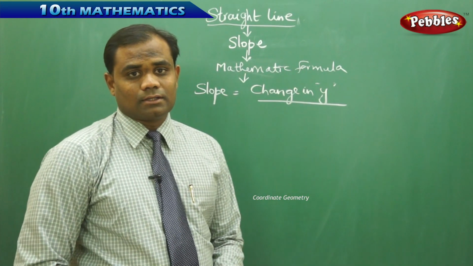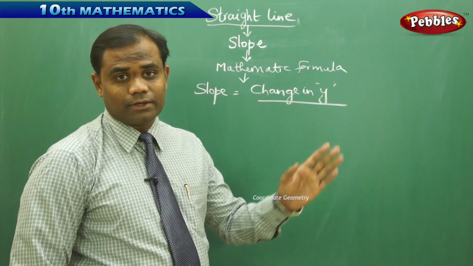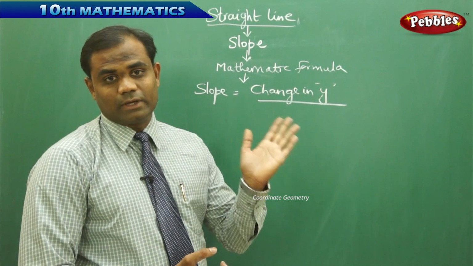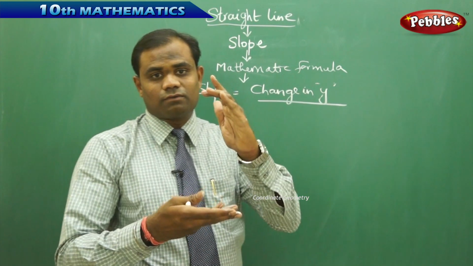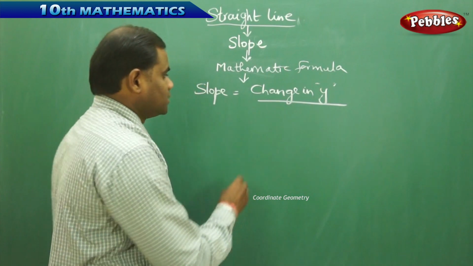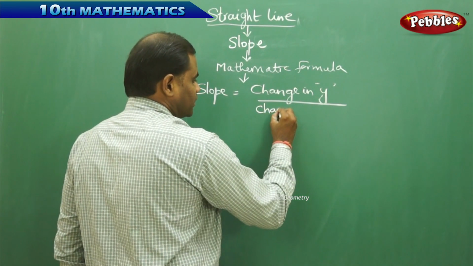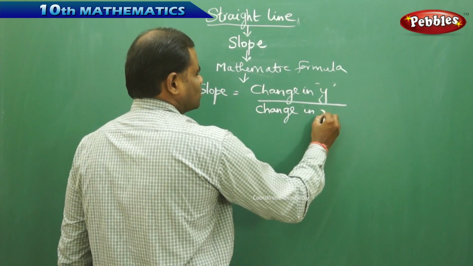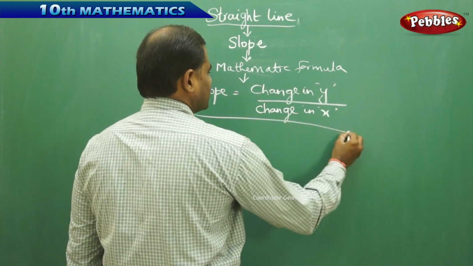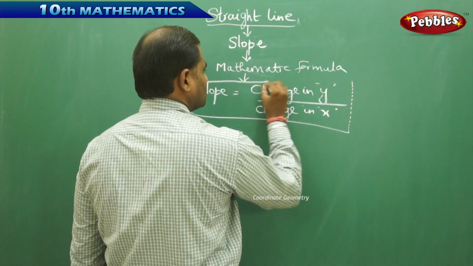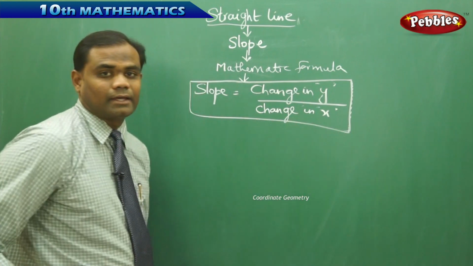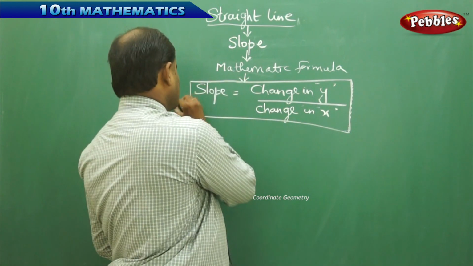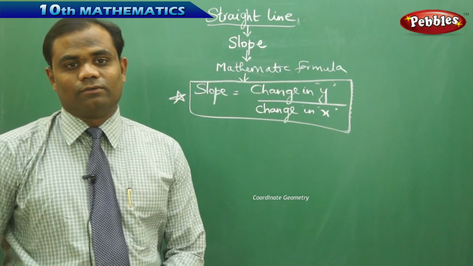That is, as the x coordinates change, the y coordinates change, and the difference of y coordinates by the difference in x coordinates will define the slope. So slope is defined as change in y by change in x, is how we understand mathematically the slope of a straight line.